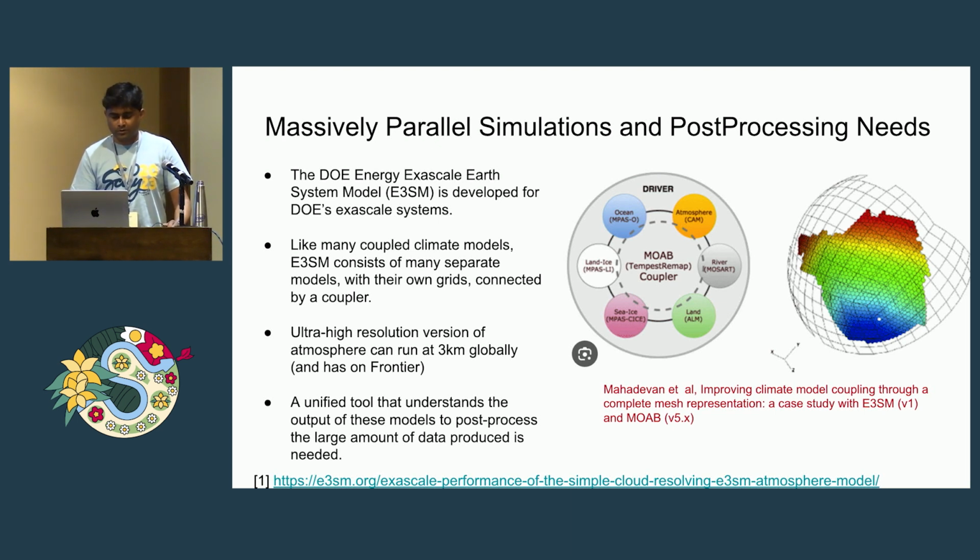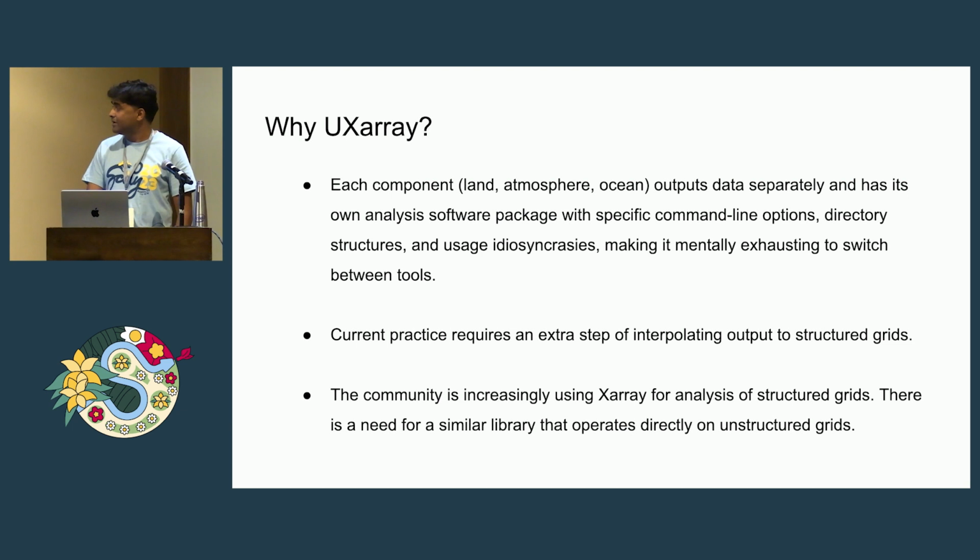Some of my colleagues at Argonne work with this, and they've demonstrated this to work on Frontier and other big machines. All these tools have different modes of working, different ways they handle input and outputs, so we recognize that there is a big need for a unified tool that handles the post-processing for these components. That's where UXarray comes in.